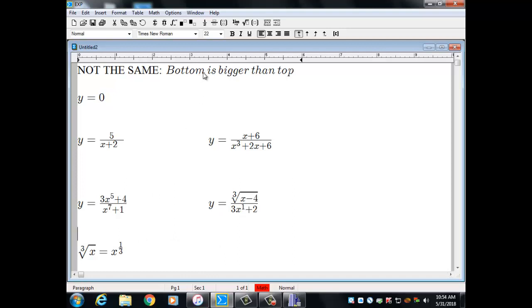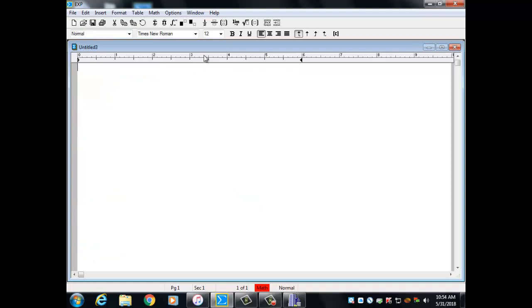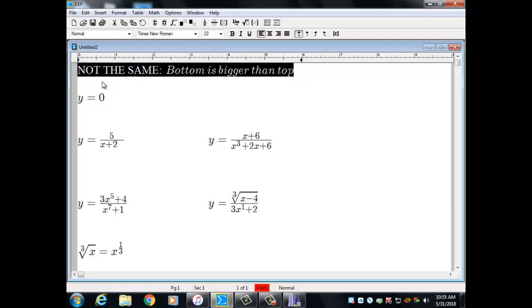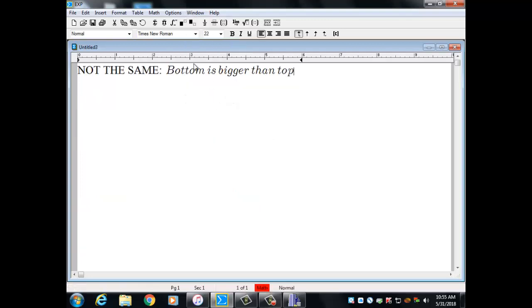Now, what happens if the top is bigger than the bottom? If that's the case, you have this, or you have this.